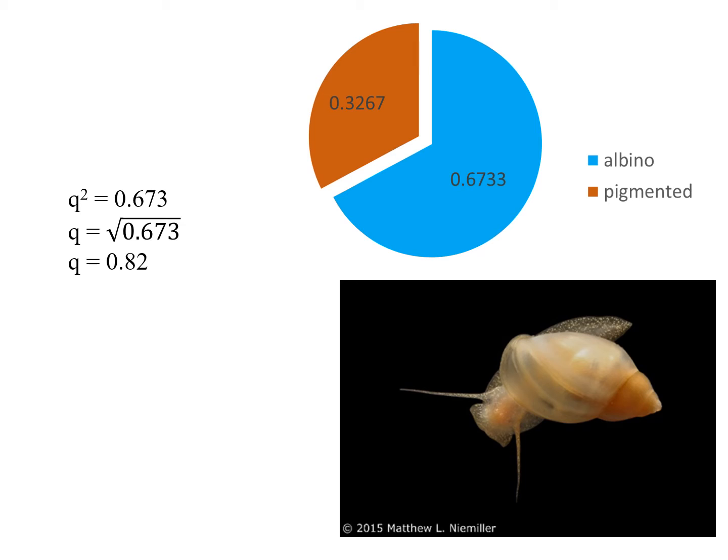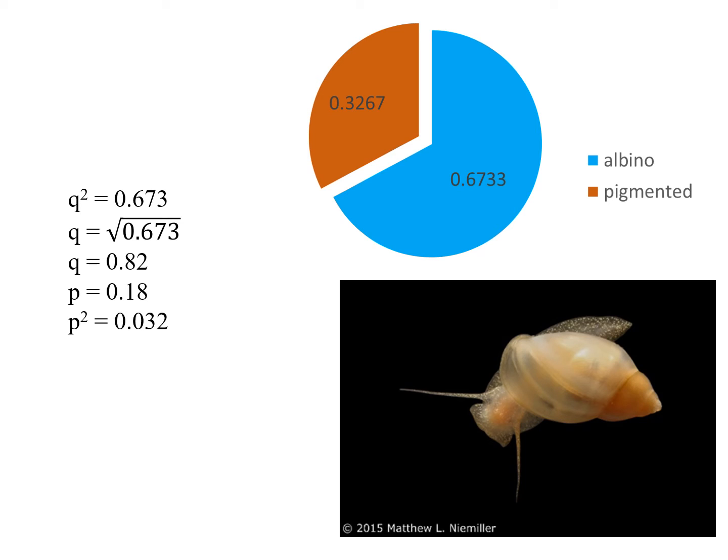So a recessive allele can be more frequent, more common than a dominant allele. Because p plus q has to equal 1, we know that p must be 0.18, right? So 1 minus 0.82 tells us what p is. So we know the frequency of both alleles.